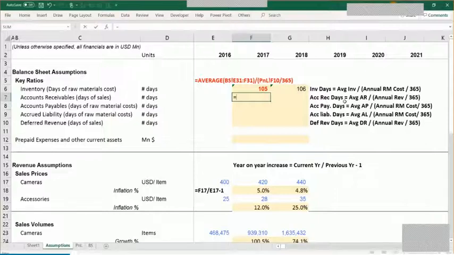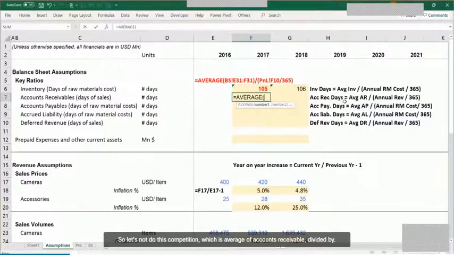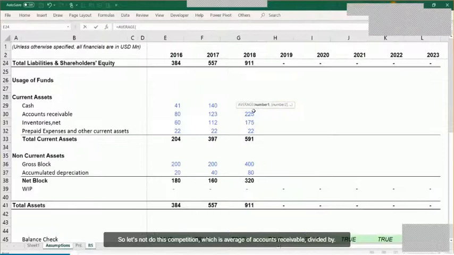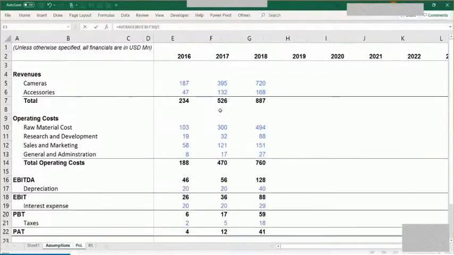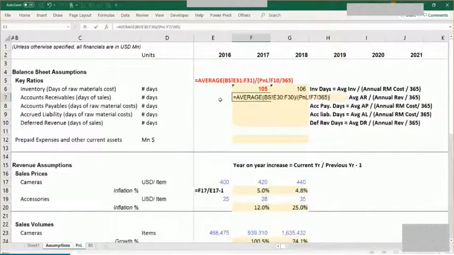So let's now do this computation, which is the average of accounts receivable divided by the sales divided by 365. Let's do it for accounts payable.